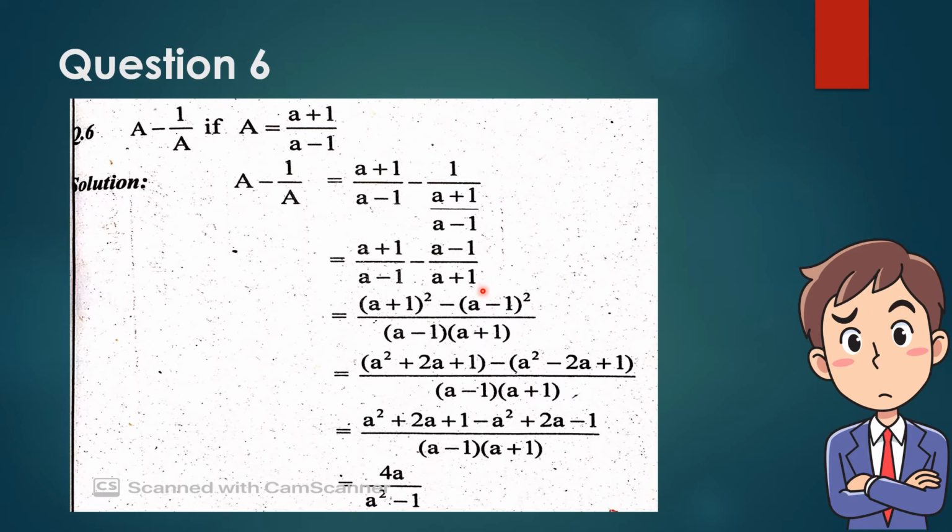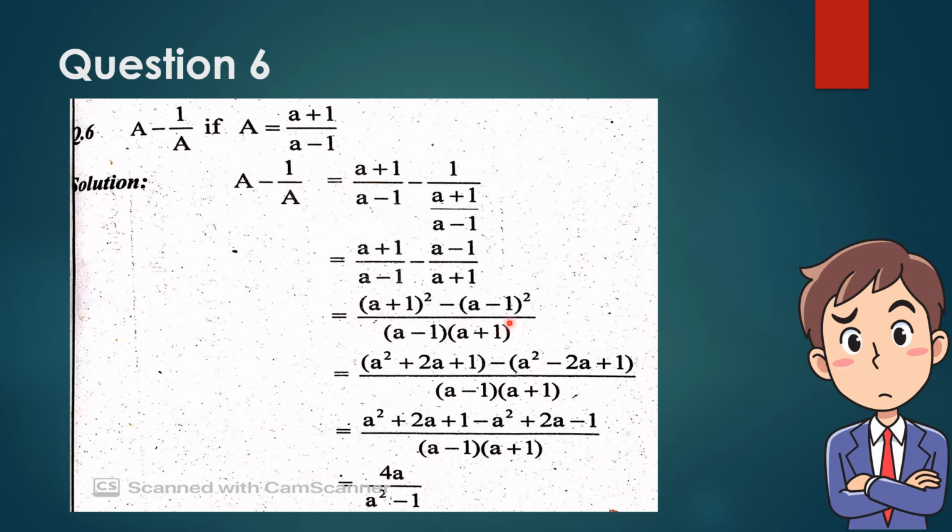So now you can take the LCM. You have a minus 1 and a plus 1 in the LCM, and now what we have to multiply here is a plus 1, and we are missing a plus 1, so a plus 1 will be squared. In the second one you are missing a minus 1, so a minus 1 will be squared.